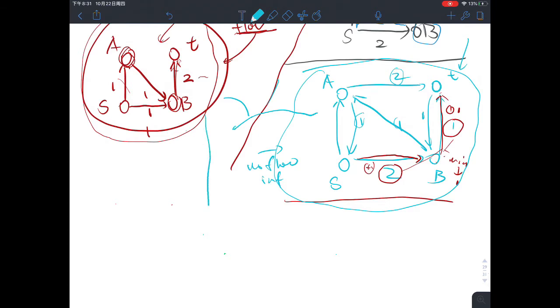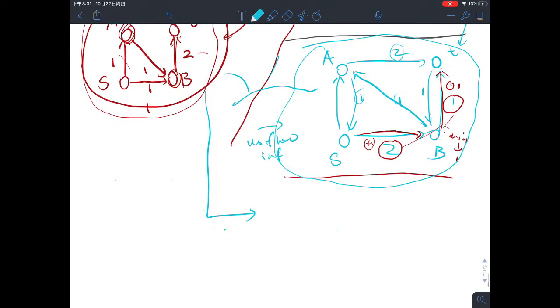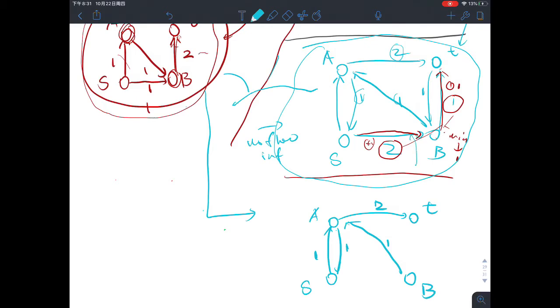Now let's proceed and continue to update this flow graph and the residual graph. It's A, S, T, and B. A lot of edges remain untouched, so we don't modify anything that remained untouched. The only thing we are doing here is adding an additional unit of flow along this red path.